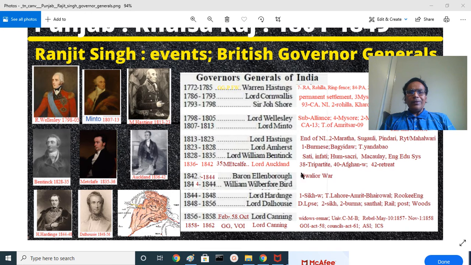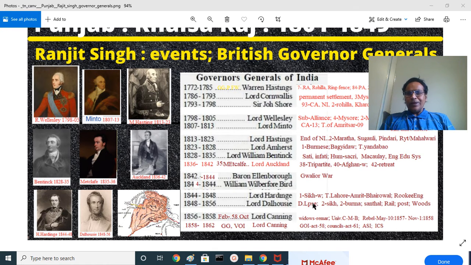And then a few years later, as the kingdom fell into anarchy, in Lord Hardinge's time, the first Sikh war was fought, and the Treaty of Lahore. That deprived the Khalsa Raj of vast territories, and mountainous regions were detached and given to Maharaja Gulab Singh Dogra, the ruler of Jammu. He became the ruler of Jammu and Kashmir, an independent monarch away from the tutelage of the Khalsa Darbar at Lahore.